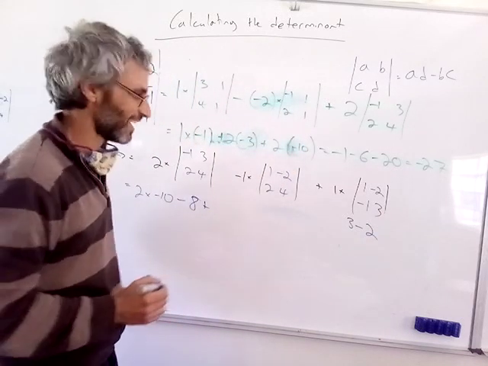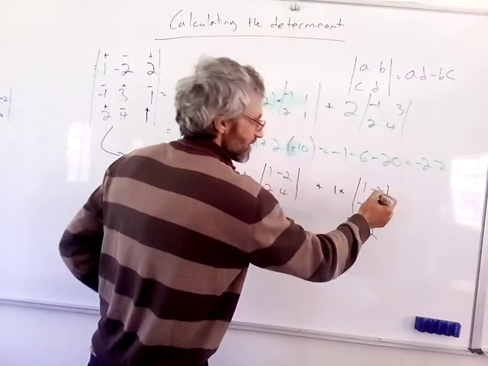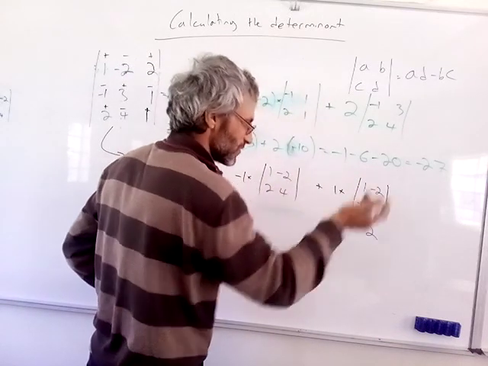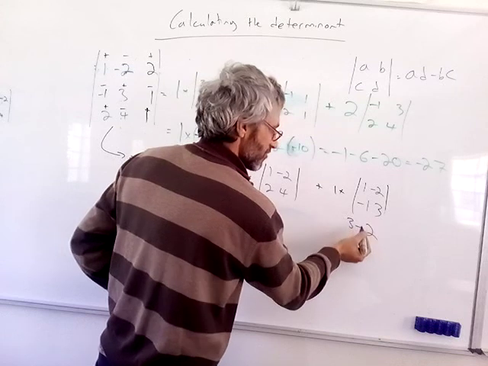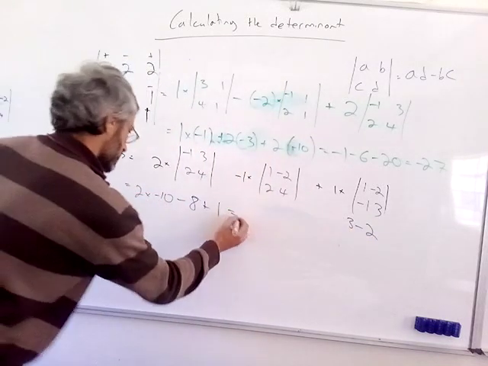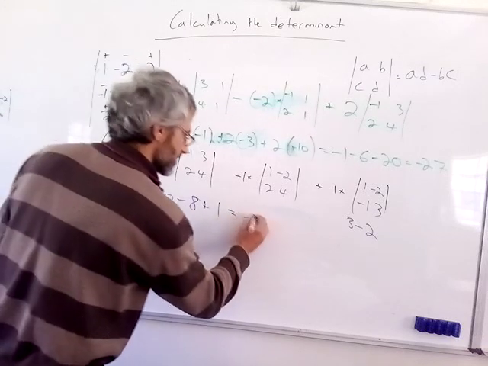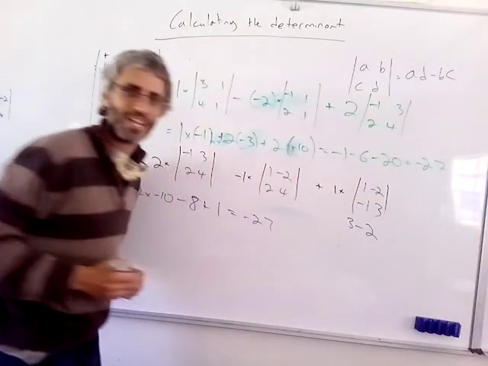Yes, I think I managed to get it right. Okay, let's check again. I've got 3 minuses, so it's eventually a minus. 3 minus 2 is 1. So I've got plus 1 times 1, plus 1. And if I'm adding that, -28 plus 1, -27. Thank goodness I got the same answer.